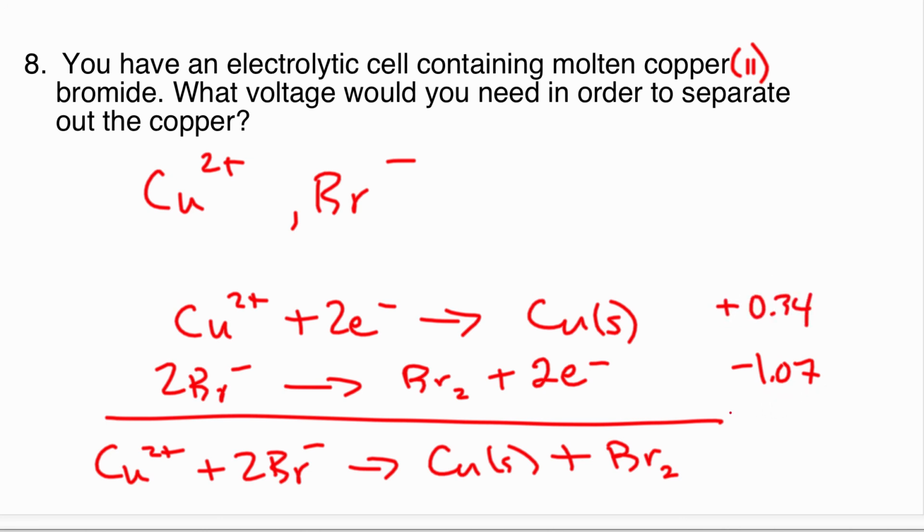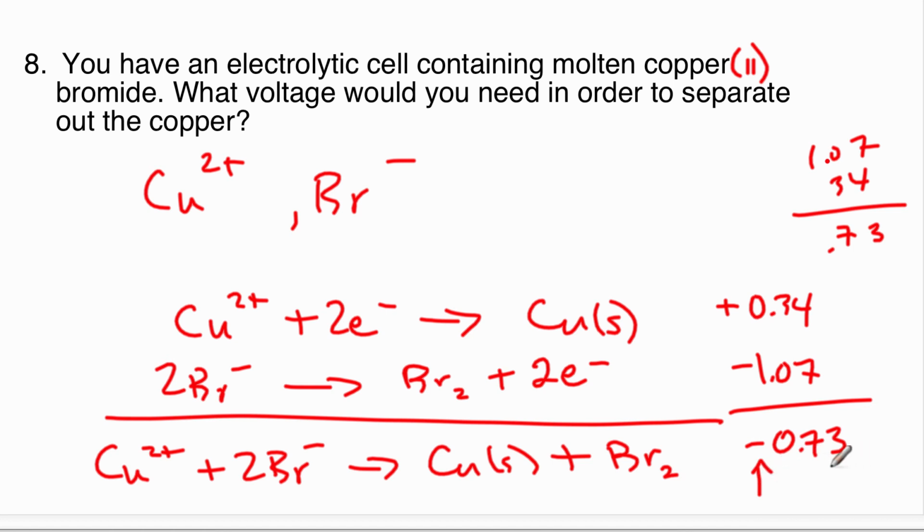So I have to subtract these two numbers. 1.07 minus 0.34, I guess I have a calculator. There's a 3. This would be a 7. 0.73. Negative 0.73. Negative indicating it's not going to happen on its own. Or in other words, if I apply that much voltage, this reaction will happen.